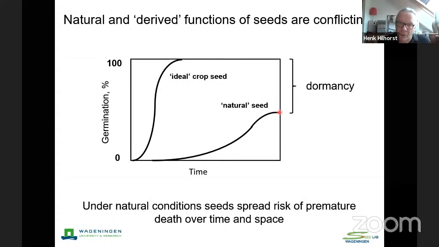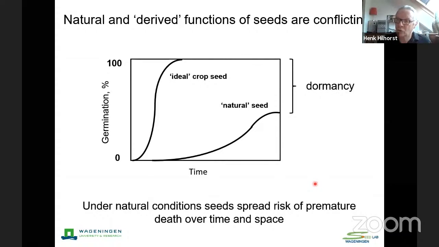And so part of this seed population is dormant. And this is normal, and this is because under natural conditions, seeds spread the risk of premature death over time and space. So you can imagine if all the seeds dropping from a plant would germinate all at the same time, and then a disaster happens like a hailstorm, the whole population will be wiped out. In this case, it is only part of the population that will die, and the rest will stay dormant and will wait for another moment to germinate. So this is the natural condition.